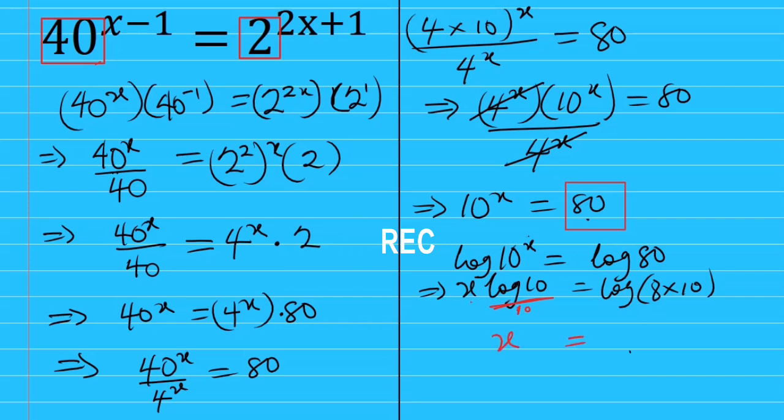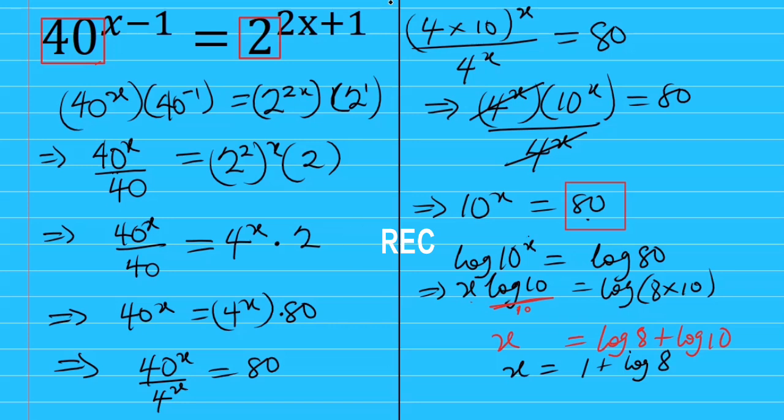And then we can also express this one as log 8 plus log 10. Remember, it's the same thing as we said earlier. So log 10 base 10 will give us 1. So eventually we have x is equal to 1 plus log 8.